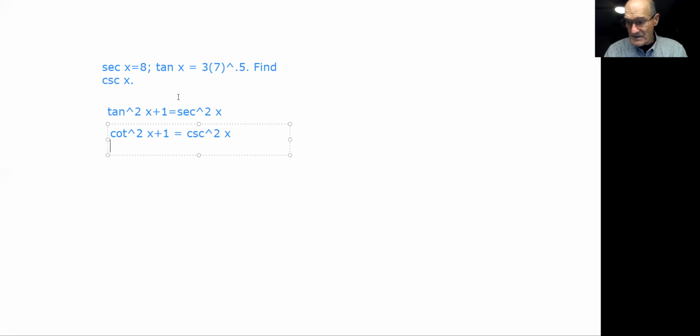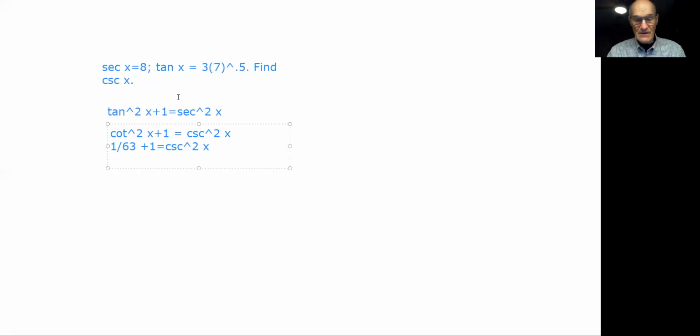So if the tangent is 3 square root of 7, then the cotangent is 1 over 3 square root of 7. Squared, that would be 1 divided by 9 times 7, which is 63. And I add to that 1, and that equals cosecant squared. So 1/63 plus 1 is 63/63rds.